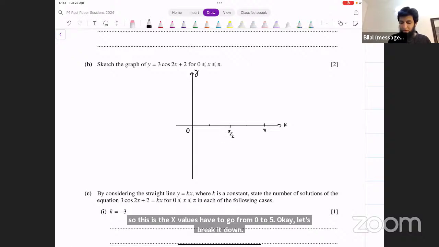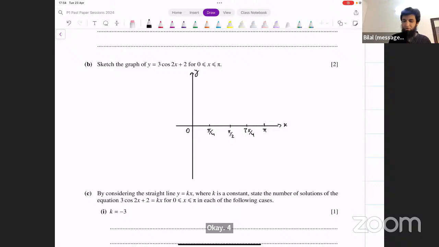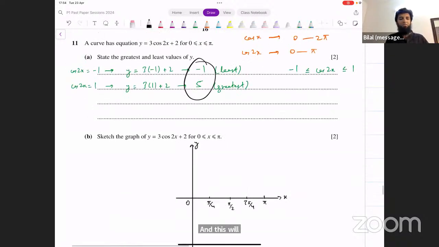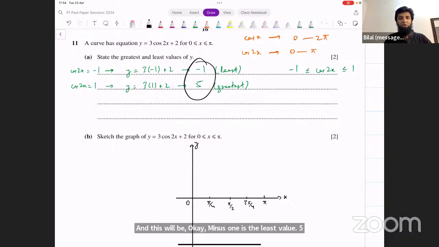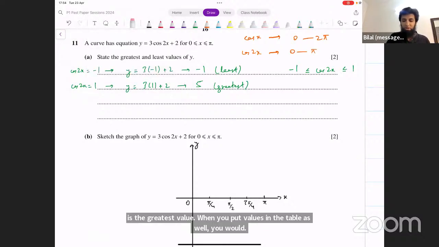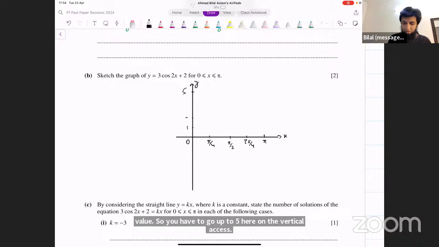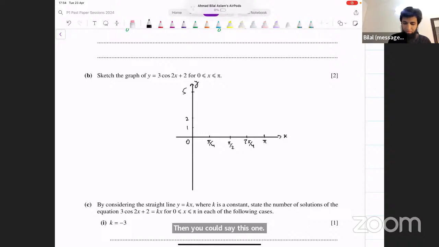And then you have two values here. This will be pi over 4, and this will be 3 pi over 4. Vertically, -1 is the least value, 5 is the greatest value. When you put values in the table as well, you would see that -1 is the least value and 5 is the greatest value. So you have to go up to 5 here on the vertical axis. Then you could say this 1, 2, 3, 4, and 5.